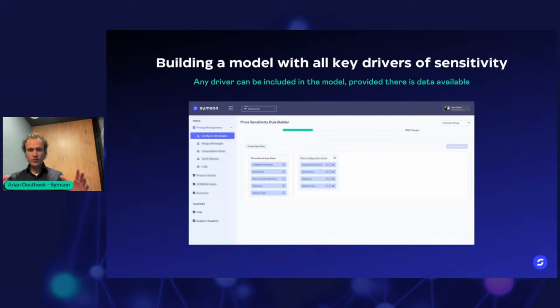So for example, if you have the number of competitors, we let you say, okay, to what extent is the number of competitors influencing the decision and the acceptance of the customer who is willing to accept the price increase. So this is the weighting process. We do that in Simpson, where we just drag and drop all the drivers which are in your price sensitivity model, and we let them set the weight of each driver.